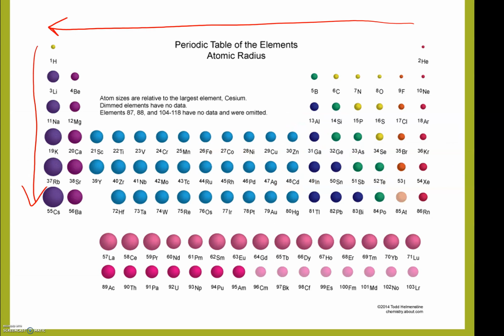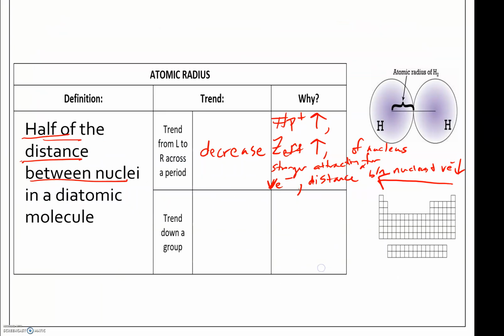If we look back at this right here, I noticed that the atomic radius tends to increase going down a group. So let me write that in. The trend is that the radius tends to increase going down a group, and I'll draw a little arrow here on my little simple periodic table template so I can see the trend. Well, sure, the number of protons is changing, but that's not really the reason why.